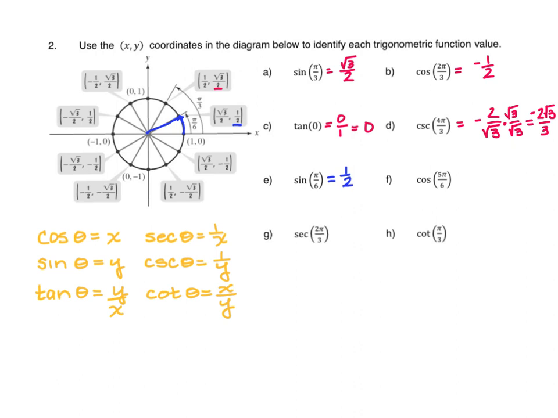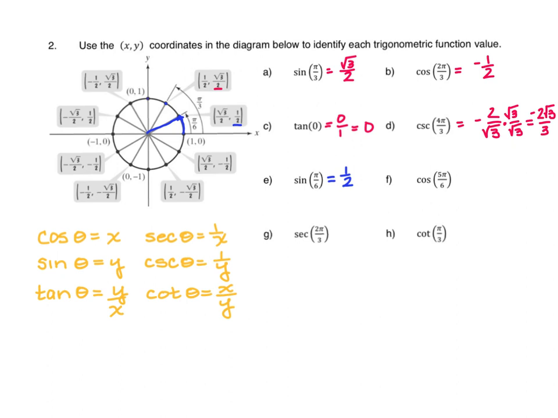Now, the cosine at 5 pi over 6 is the next one they ask about. So if you say, how do I know where 5 pi over 6 is? Well, every 30 degrees is going to be a pi over 6. So 1 pi over 6 is 30 degrees. If I go another 30 degrees, that's 2 pi over 6, which does reduce to pi over 3. The next 30 degrees would be 3 pi over 6, but that reduces to pi over 2.